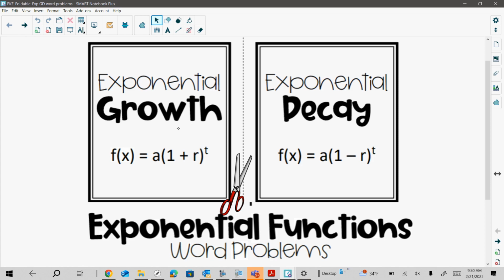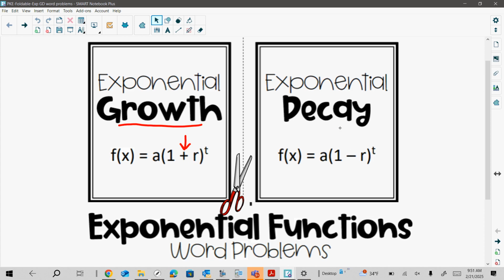And the key thing that I need you to recognize: if it's growth, you should see some type of addition, which means your decimal or your number will be greater than 1. Because we're adding to 1, this will end up being greater than 1 when it's all said and done.